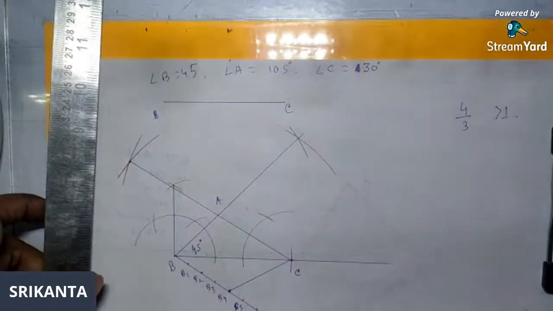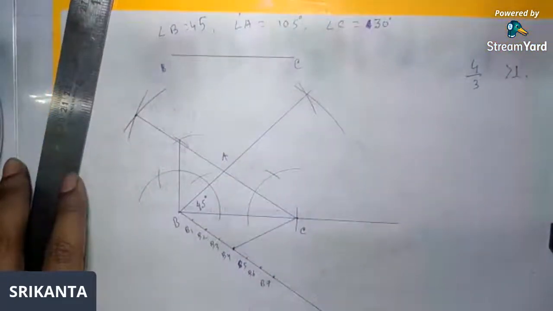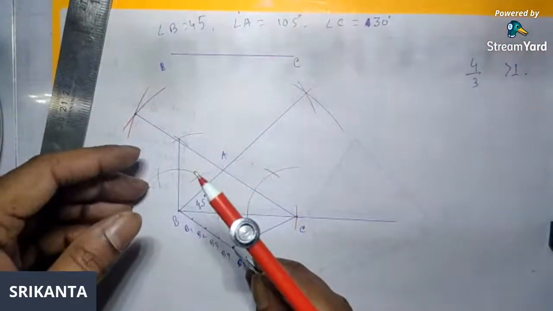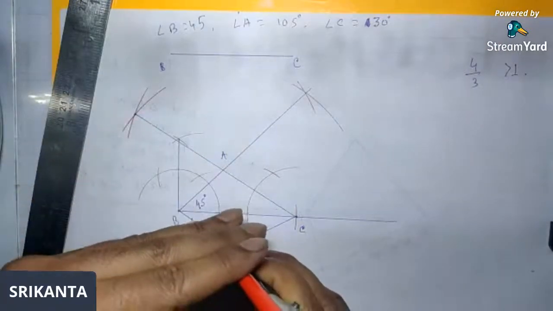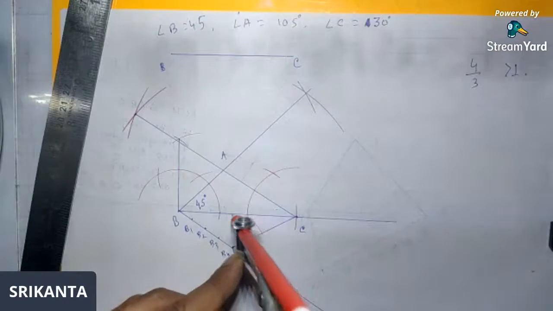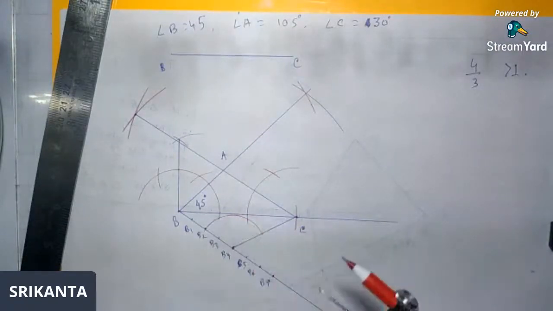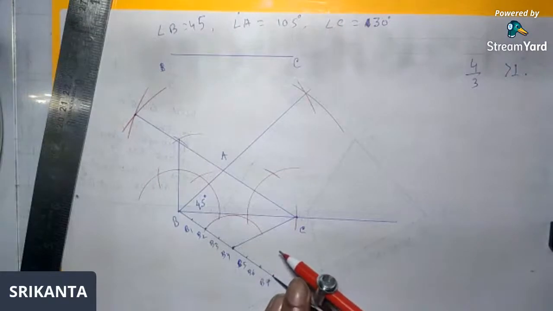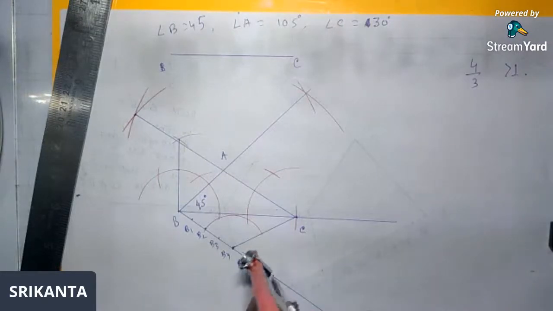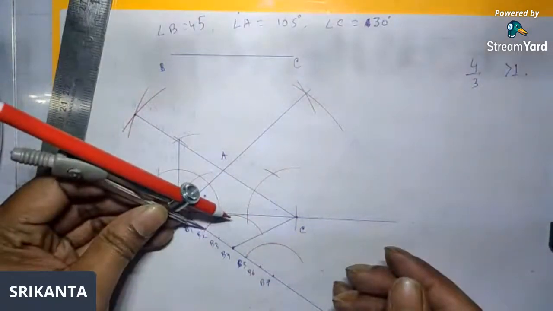Now in the B7 line, we are going to imitate this angle. So how will you do it? Again, same thing. Take any arc. Done. Put it here. Draw the same thing. Clear? Now measure this portion.